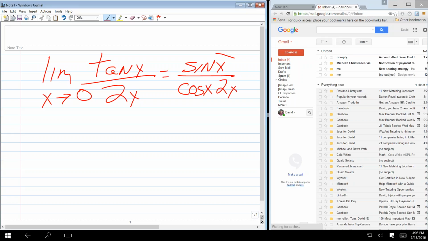Well, we know, what's this limit as x goes to, what is it? 1. Okay, what is this limit? 1/2. No, 2, because we would have to multiply the top by 2.